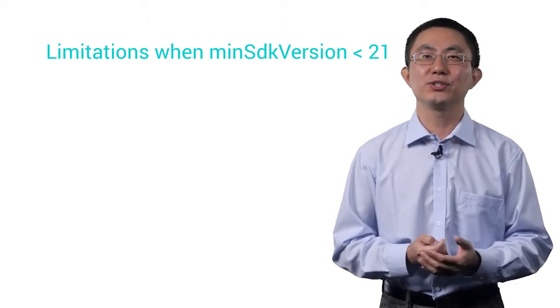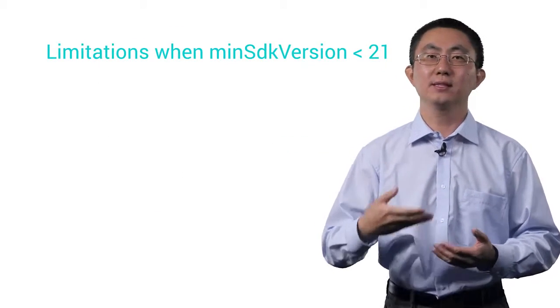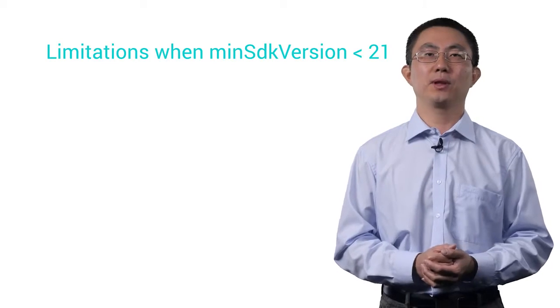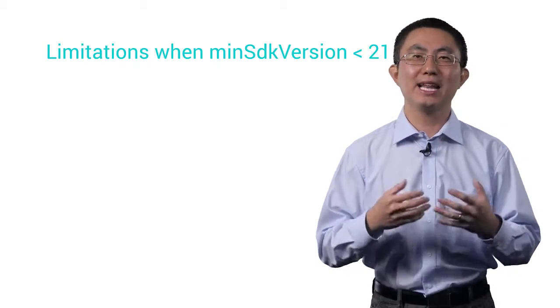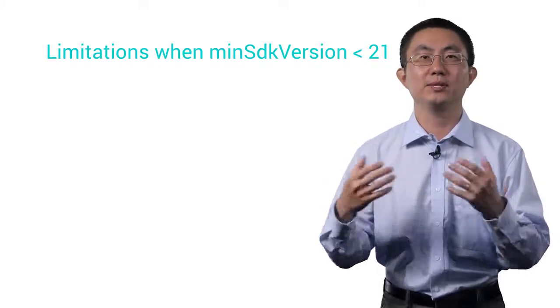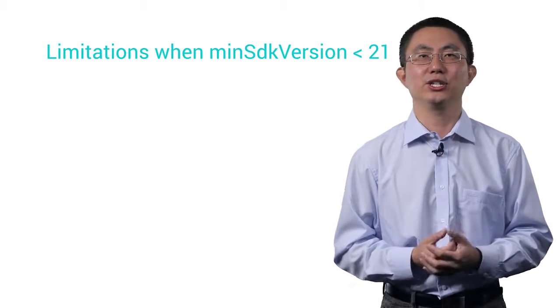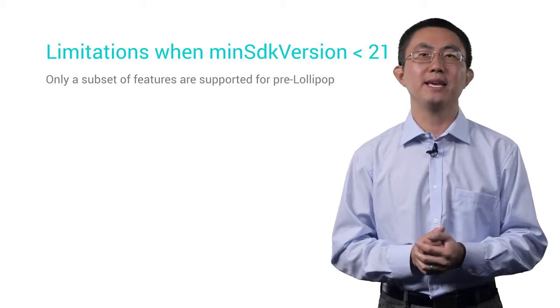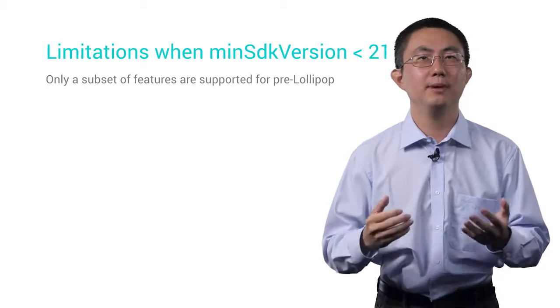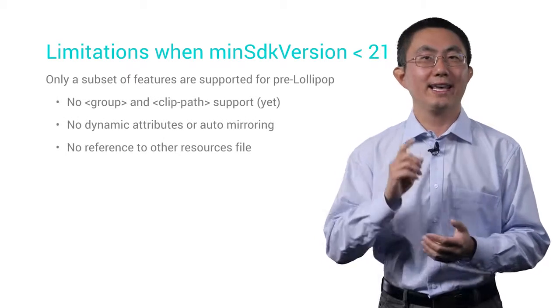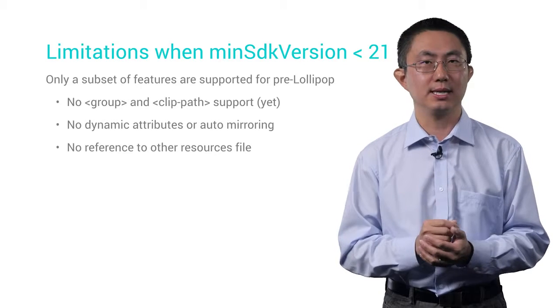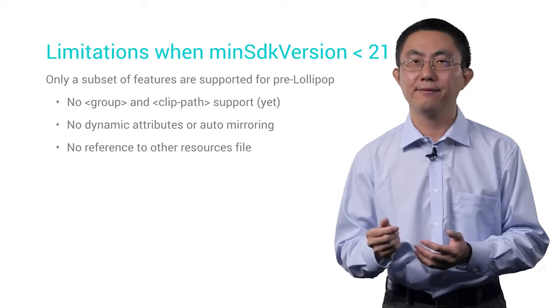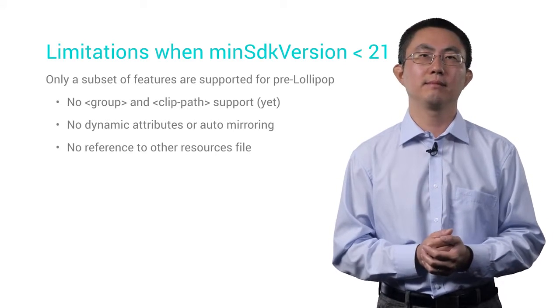There are some limitations when we are dealing with this backward compatibility support. We are trying our best to show the lint errors in the VectorDrawable's XML file for these limitations. First, only a subset of API features of VectorDrawable are supported. We are enhancing this now, but currently group and clip path tags are not supported.